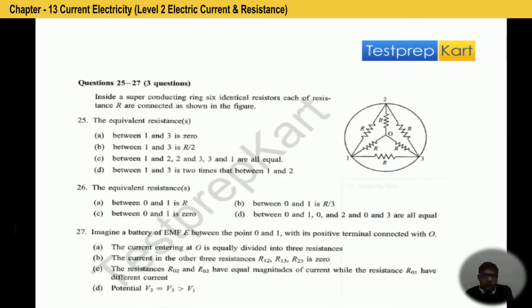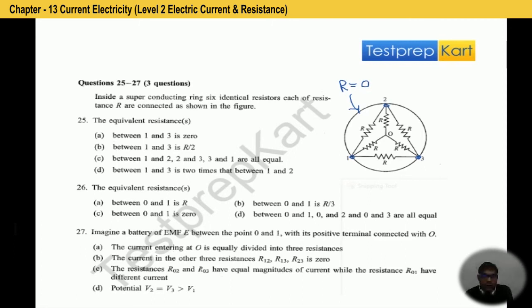Okay. Next question. Inside a superconducting ring, identical resistors are connected as shown in the figure. So there are 6 resistances and these 6 resistances are connected through a superconducting ring. Superconducting ring means these rings offer zero resistance between points 1 to 2, 2 to 3 and 3 to 4.